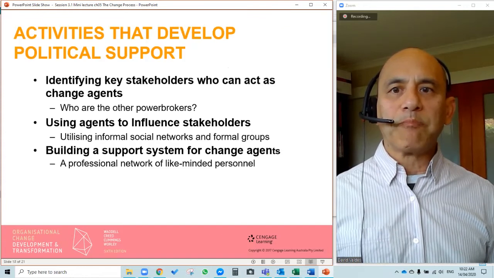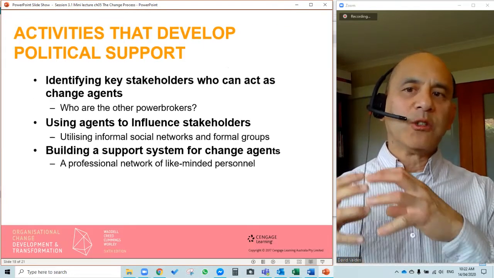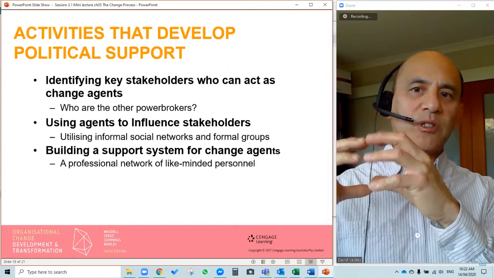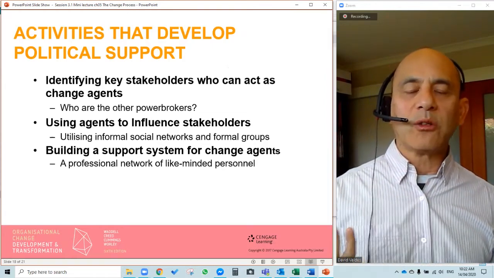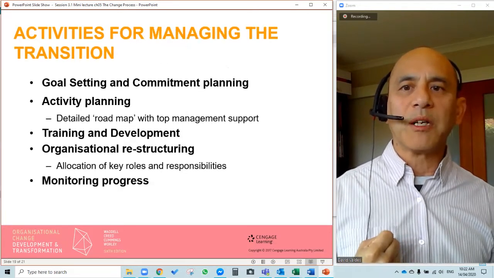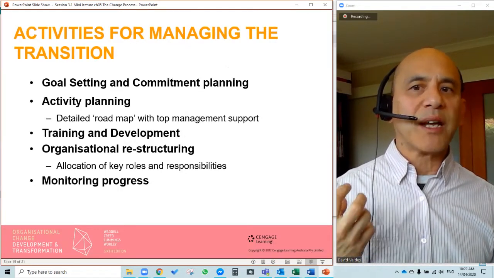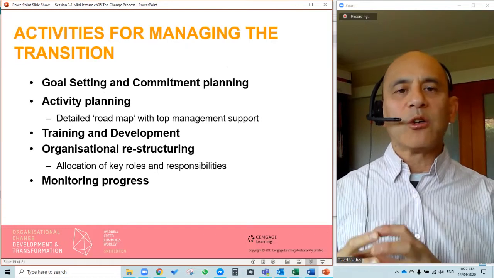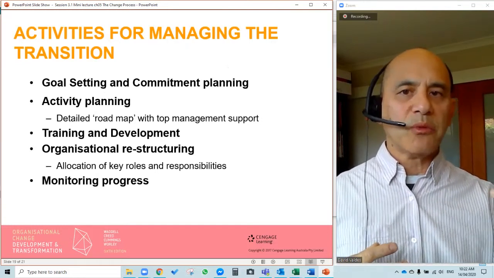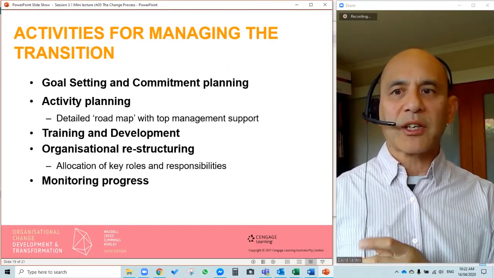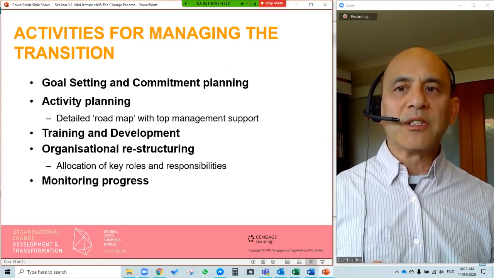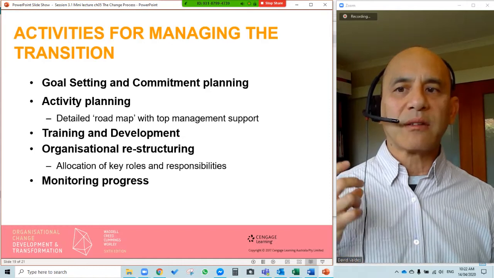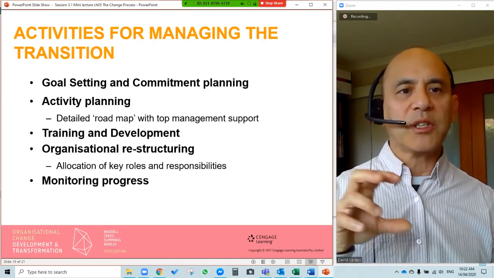And when we are moving into a movement stage, which is the second stage of Lewin, this is where we try to get political support to help us, and we manage that transition. And then later on, we have a third stage, which is the refreeze stage, which is the next stage for this set of interventions.